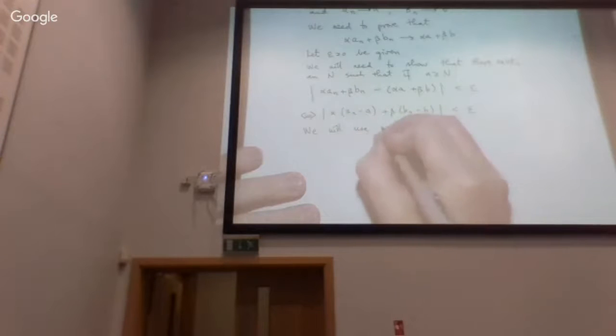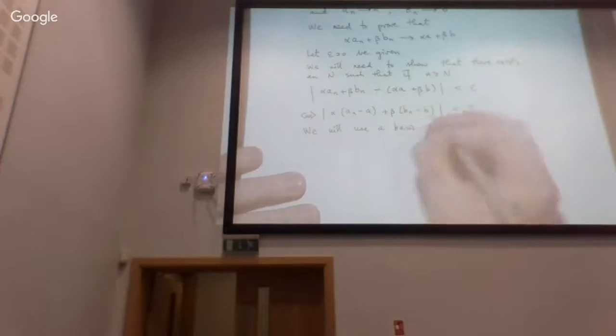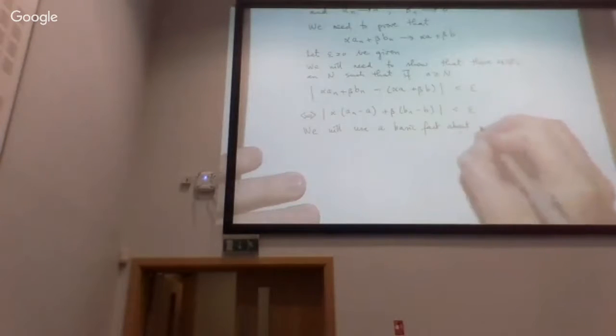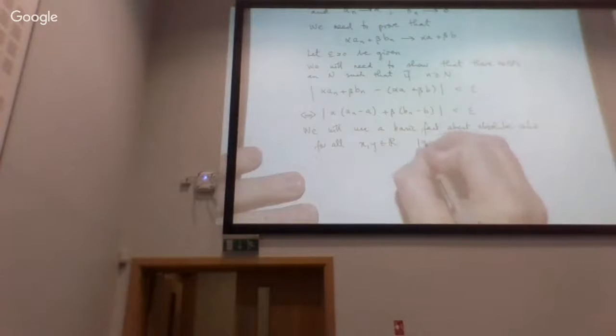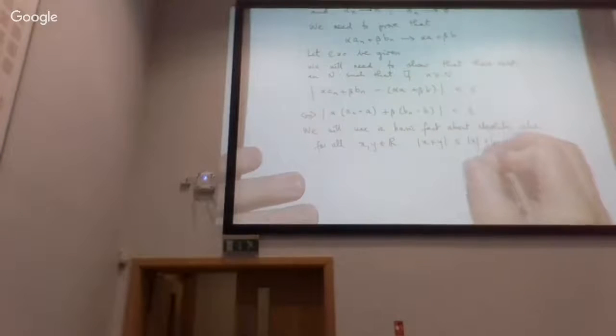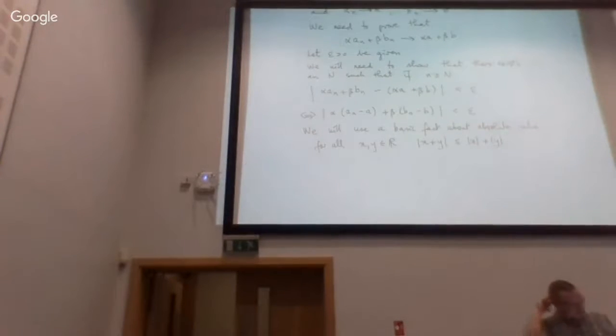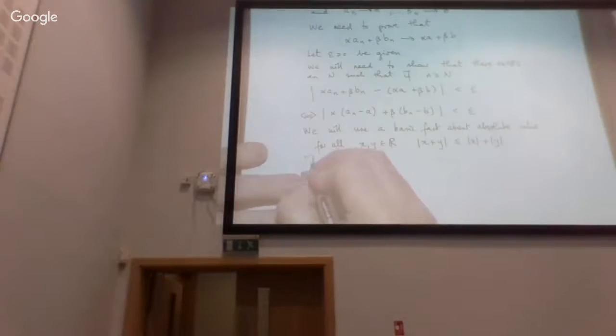So we will use a basic fact about absolute value. For all numbers x, y, the absolute value of x plus y is always less than or equal to the absolute value of x plus the absolute value of y. This is called the triangle inequality.